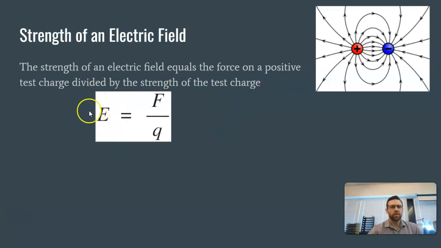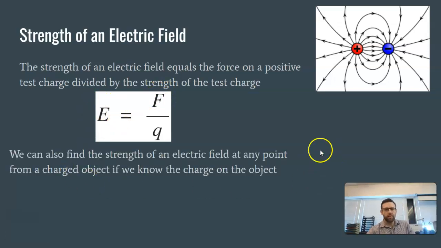Basically, the electric field is equal to the force on the positive test charge divided by how much charge is on that positive test charge. So if you put a charge close to another object, it's going to feel a force. And how much force it feels will tell you what the electric field strength is. If it feels more force, then that electric field is strong.